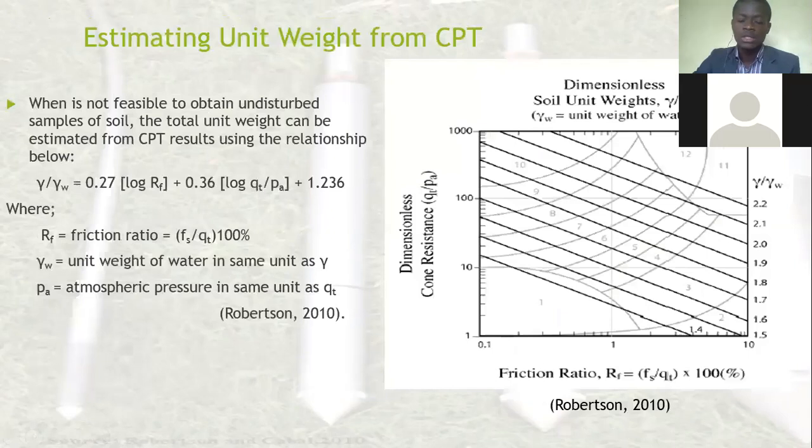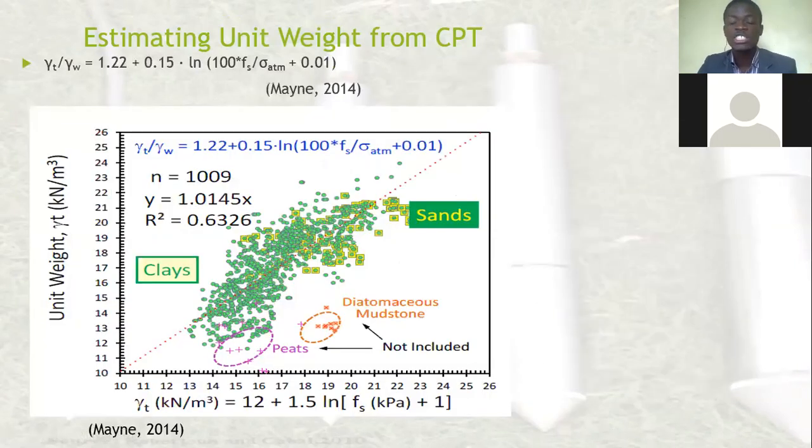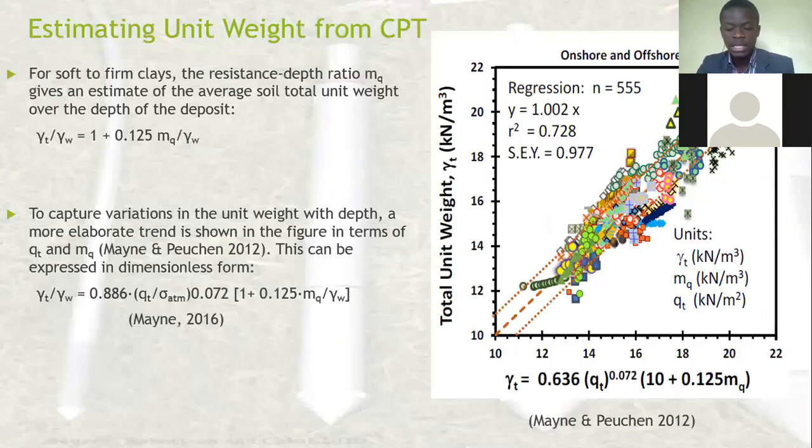According to Robertson, 2010, when it is not feasible to obtain undisturbed samples of soil, the total unit weight can be estimated using the relationship below. Also, Mayne 2014 suggested this relationship for unit weight, and in 2016 he also suggested this relationship for unit weights for soft to firm clay, where the value of Mq is the ratio of the resistance to depth.